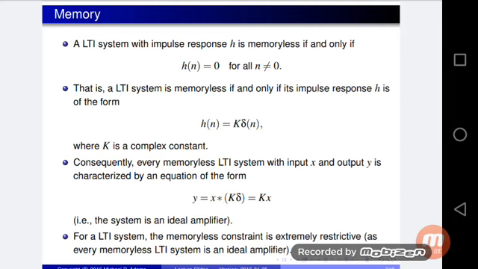That's why h of n equals k times delta of n, and y of n equals k times x of n. For an LTI system, the memoryless constraint is extremely restrictive, as every memoryless LTI system is an ideal amplifier.